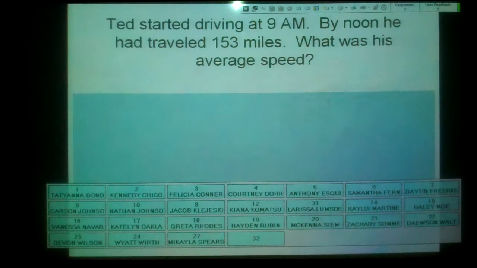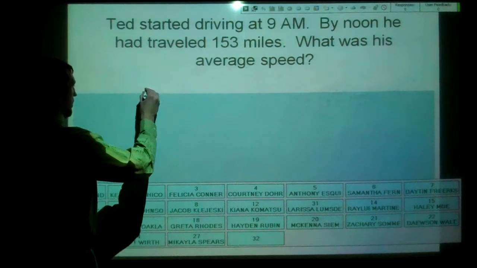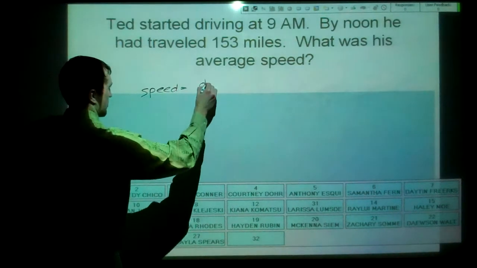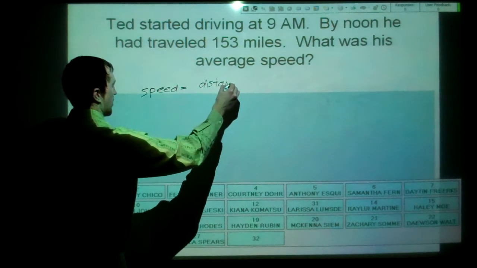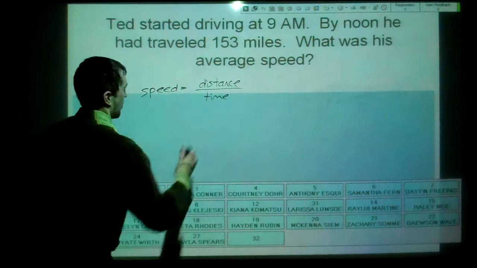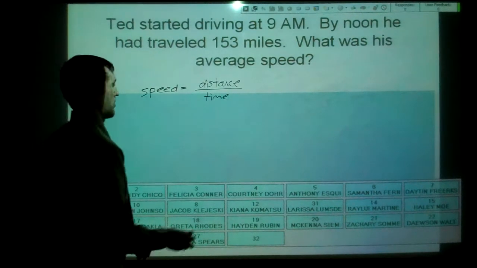This one caused a little trouble too. Okay. Ted started driving at 9 a.m. By noon, he had traveled 153 miles. What was his average speed? Okay, well, speed is found by distance covered over time. So speed is the distance that you covered over the amount of time it took.